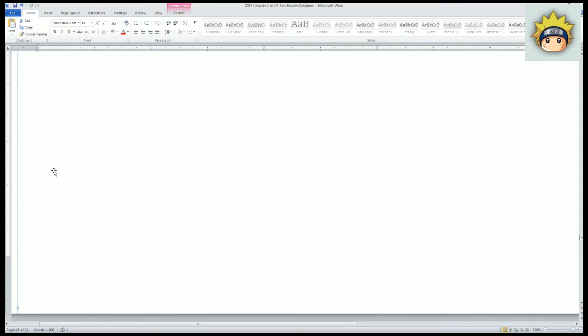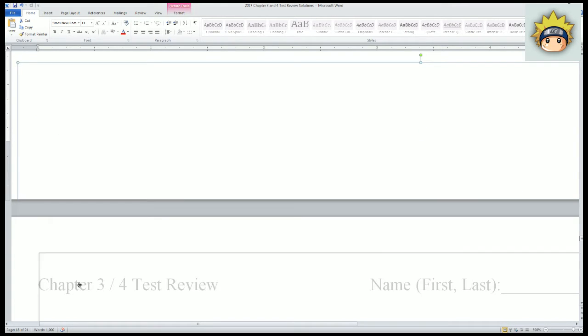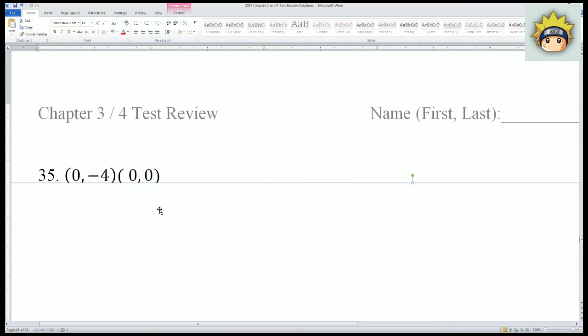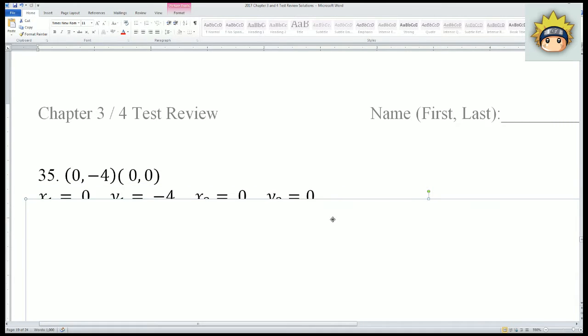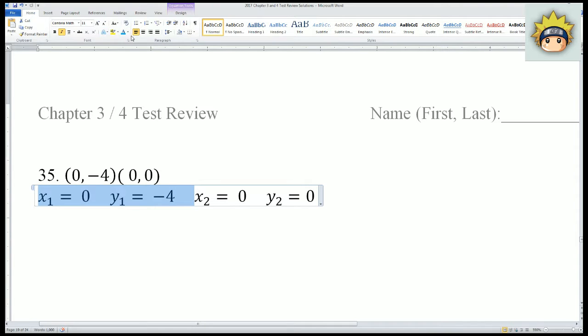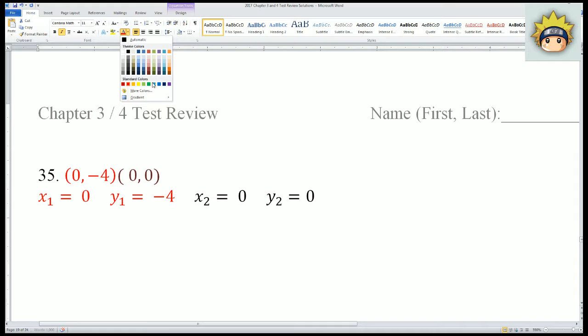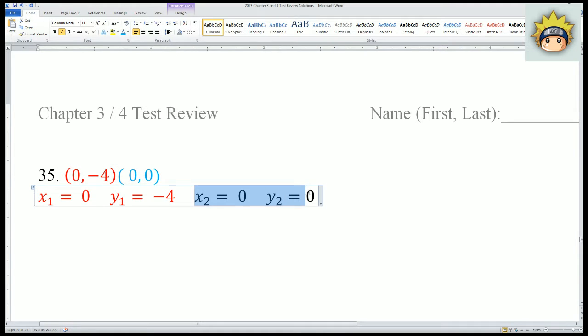Next, we have 35. 0 comma negative 4 and 0, 0. Let me color code it here for you so you can see. My first point here is 0 comma negative 4. My second point here is 0, 0.